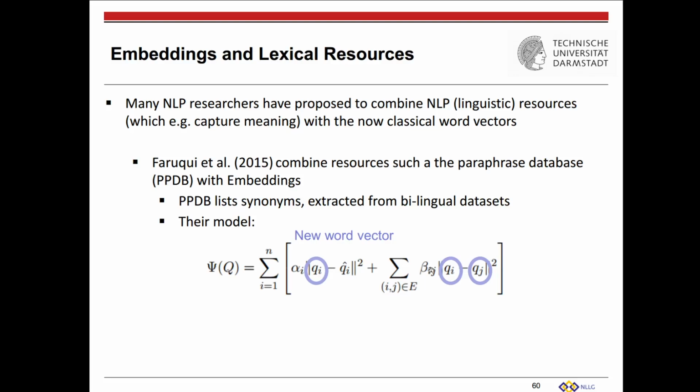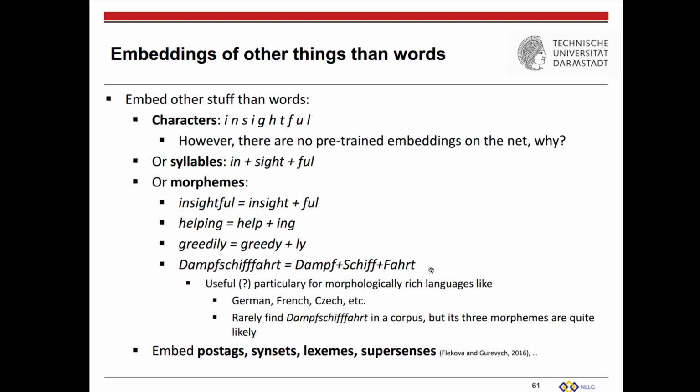But what has survived is this retrofitting, where you start out from something given and then you improve upon that, right? This is also the case in many algorithms for bilingual embeddings, where they start out with monolingual embeddings and then they project them, they retrofit them into another space, so to speak.